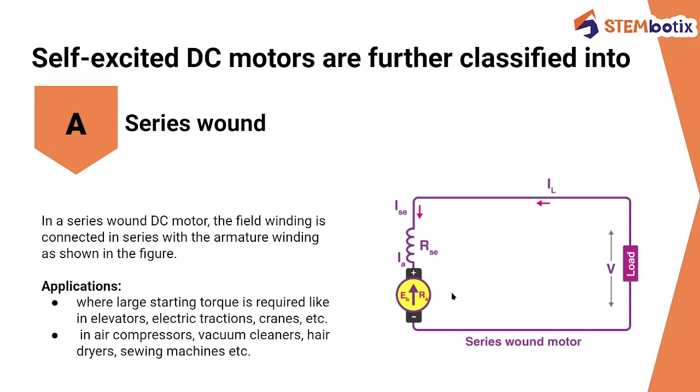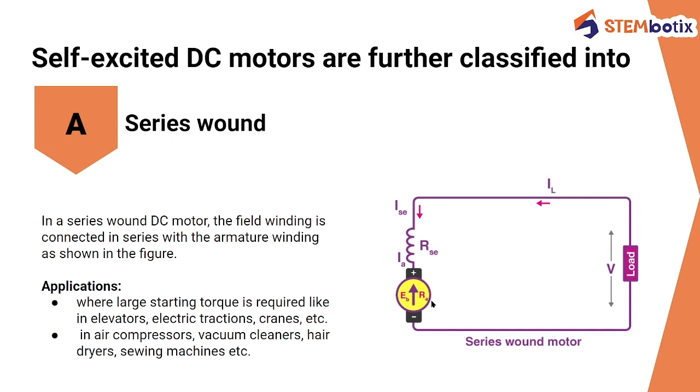Hence it is known as RSE, which is the resistance of the series field winding. The current through it is ISE, meaning series current. This is the current through the load, and this is the current from the armature. This is the back EMF and this is the resistance of the armature.